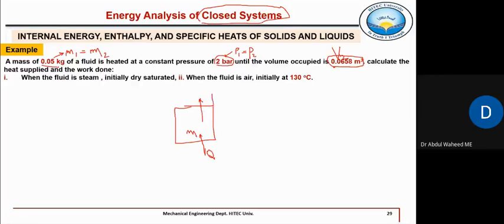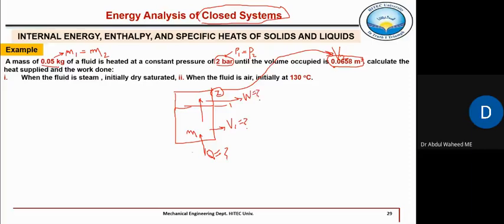This was state 1, this is state 2. For state 2, V2 is given. There is no information about V1. During this process a certain amount of heat is transferred, which is to be calculated, and this fluid has done some work also, which is also to be calculated.